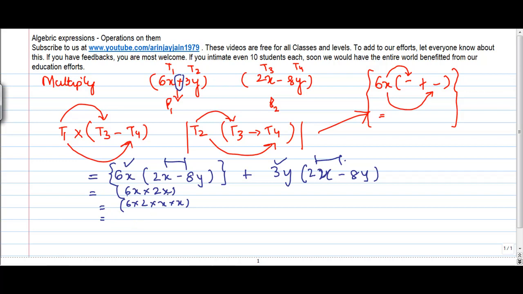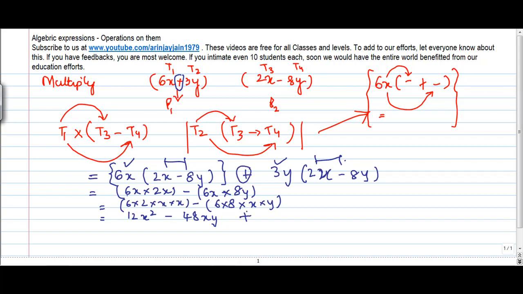You can straight away multiply these two numbers. 6 into 2 is 12, x into x is x squared, minus 6x into 8y. This minus sign is because plus into minus gives us minus. Minus 6 into 8 into x into y. So 12x squared minus 48xy, where x comes as it is and y comes as it is.